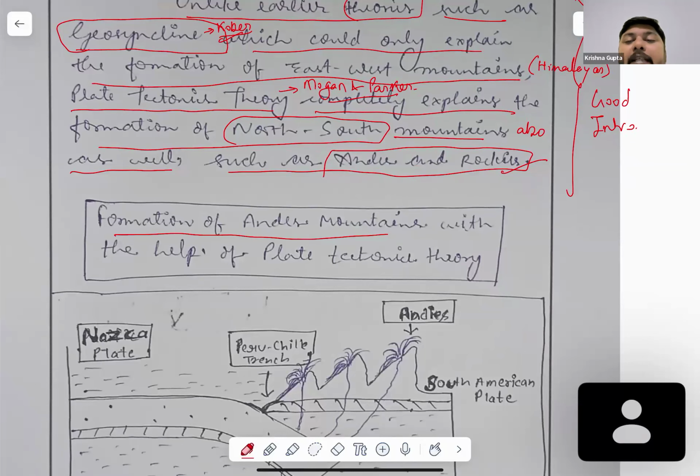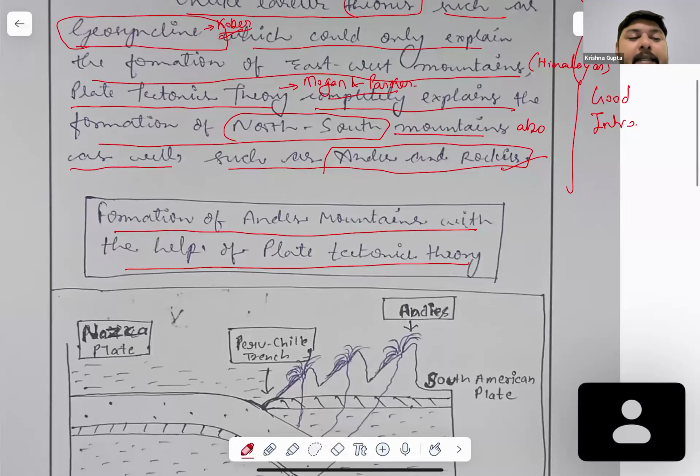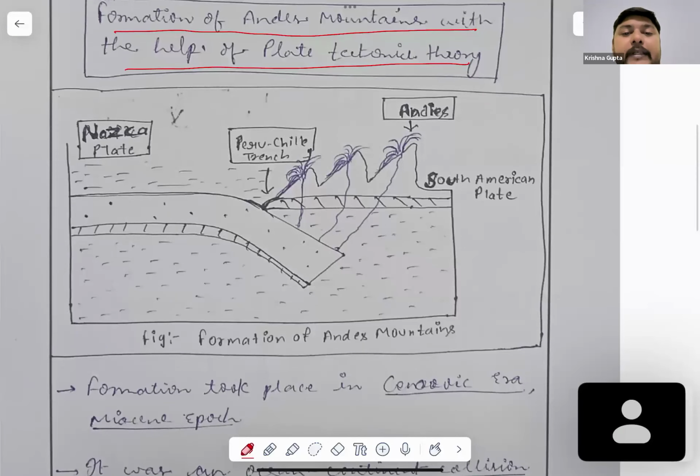Now, formation of Andes mountain with the help of the plate tectonics theory. Now, in this diagram, what we are seeing is that we have a Nazca plate. Okay, this is an oceanic plate. We need to mention it in the diagram also. This is South American plate. Okay, then here we have asthenosphere.